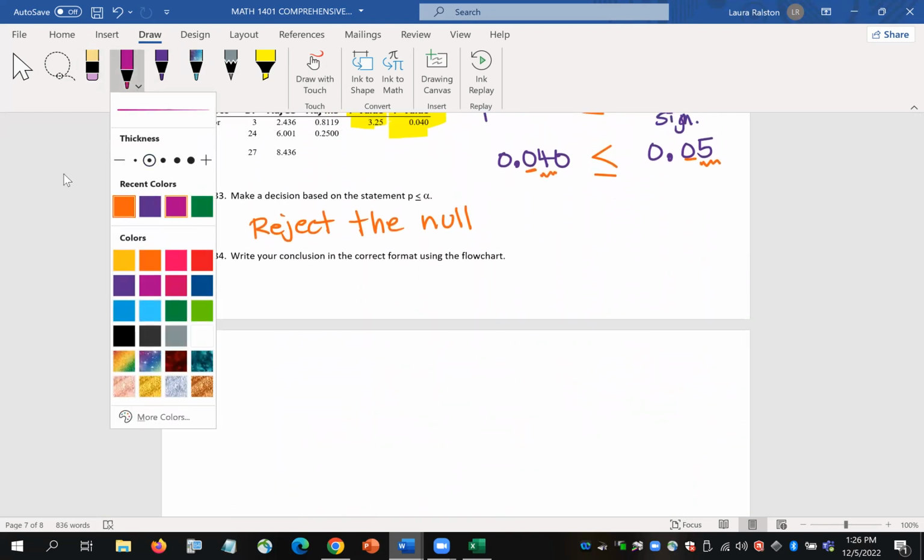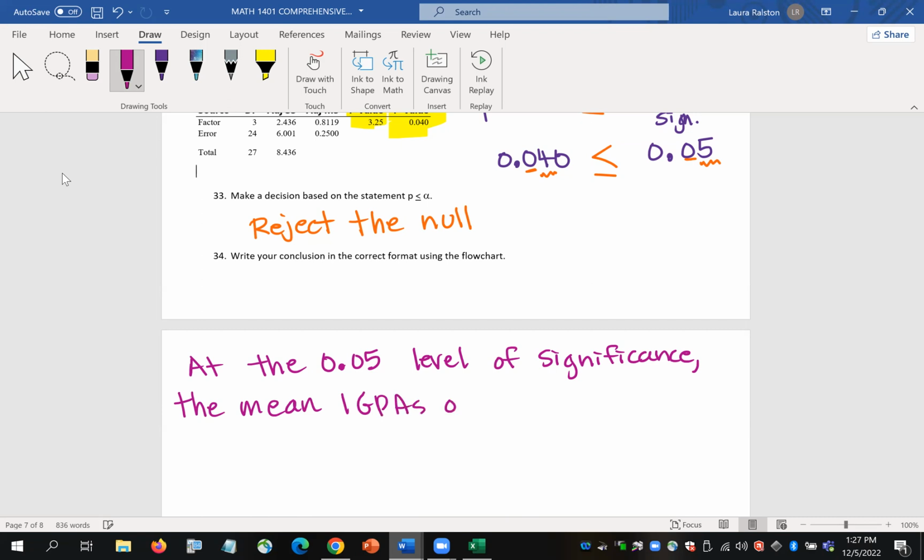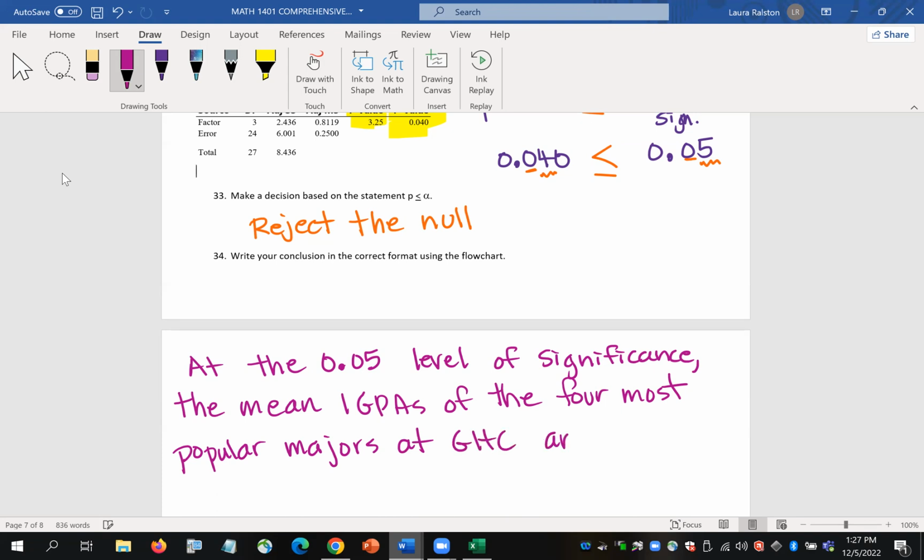So I would write my conclusion, including the level of significance: at the 0.05 level of significance, the mean IGPAs of the 4 most popular majors at GHC are different. And there you go.